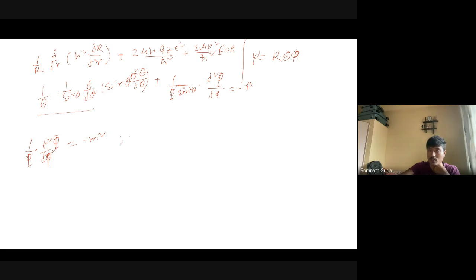This m is called the magnetic quantum number. This term is not hypothesized; it actually comes from the derivation of solving the atom problem. It's a completely mathematical term initially, and then they interpret this m term as a magnetic quantum number.